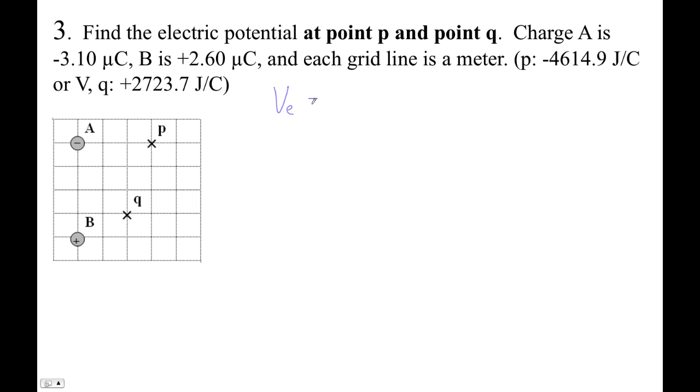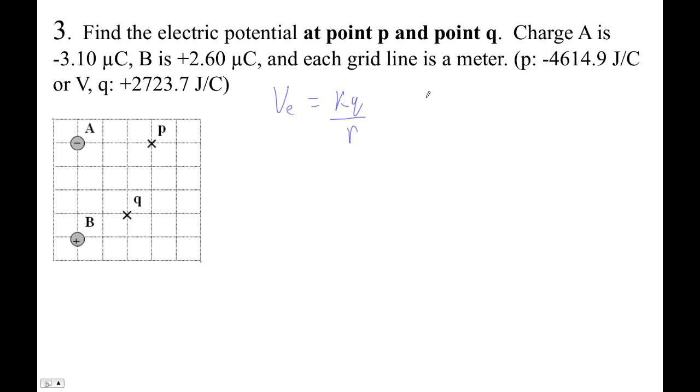This one's electrical, so we're just going to use electrical potential is KQ over R, which of course means that positive charges make positive potentials, negative make negative. What we do here is that the potential at P and the potential at Q simply add up the potential due to each charge. It's not a vector, it's just the scalar sum.